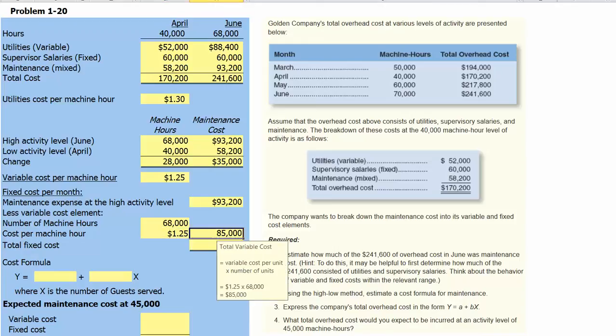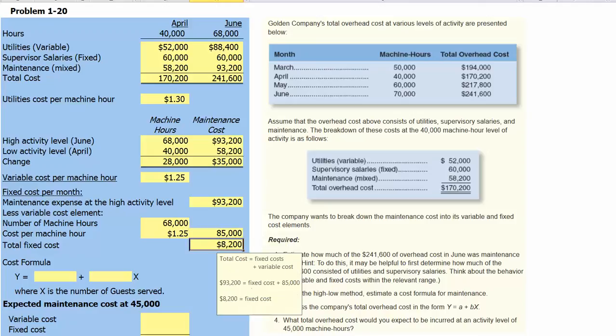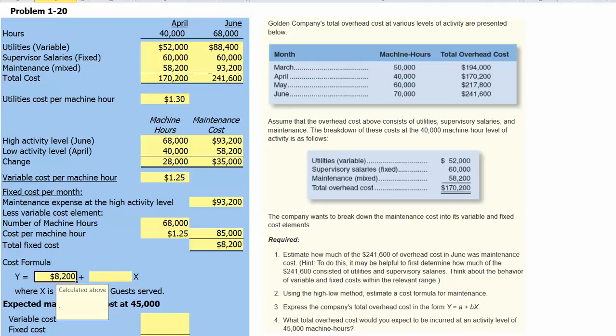We can now take the $93,200 in total cost and subtract off the $85,000 in variable cost to give us the remaining fixed cost component, which is $8,200. Our cost formula then is Y equals, for our maintenance cost, equals 8,200 fixed plus $1.25 per machine hour.